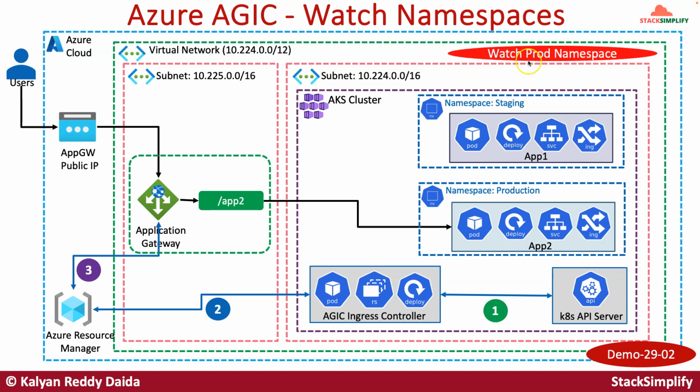Later, we'll change the setting in our AGIC Ingress controller to watch only the production namespace. When we deploy both applications, only the Ingress service changes related to the production namespace will be applied on the application gateway.